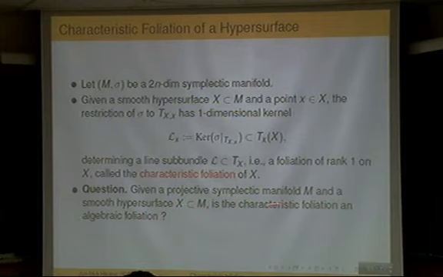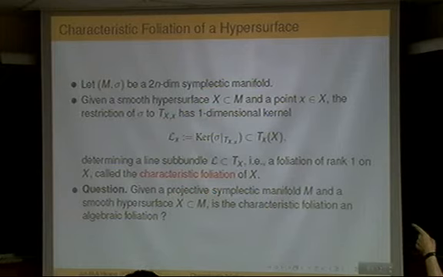So whether the characteristic foliation is algebraic or not has to do with whether the orbit of motion is periodic or not. So it's a very old question, as old as Newtonian mechanics. So in real symplectic geometry, this has been studied a lot, and there's a central problem. But in complex symplectic geometry, it has not been studied very much. But it's a very natural question.